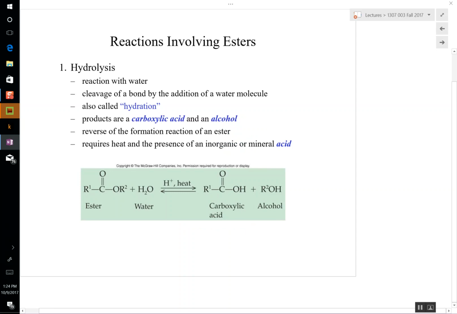Okay, reactions of esters. Esterification is how you make an ester. Now we want to look at two primary reactions. This is the first one, hydrolysis. You take an ester, react it with water, and you break it back down into a carboxylic acid and an alcohol.